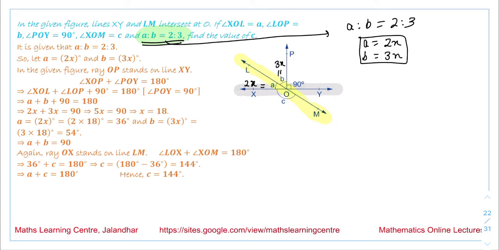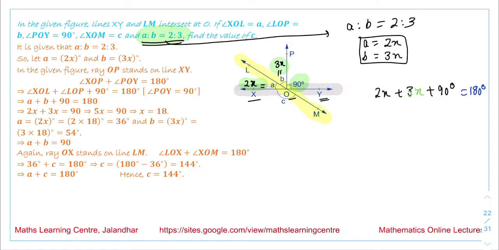Now XOY is a line. XOY is a line means 2x plus 3x plus 90 degrees. We are talking about these three angles. This is 2x, this is 3x, and this is 90 degrees. They lie on a line, so their sum is 180 degrees.